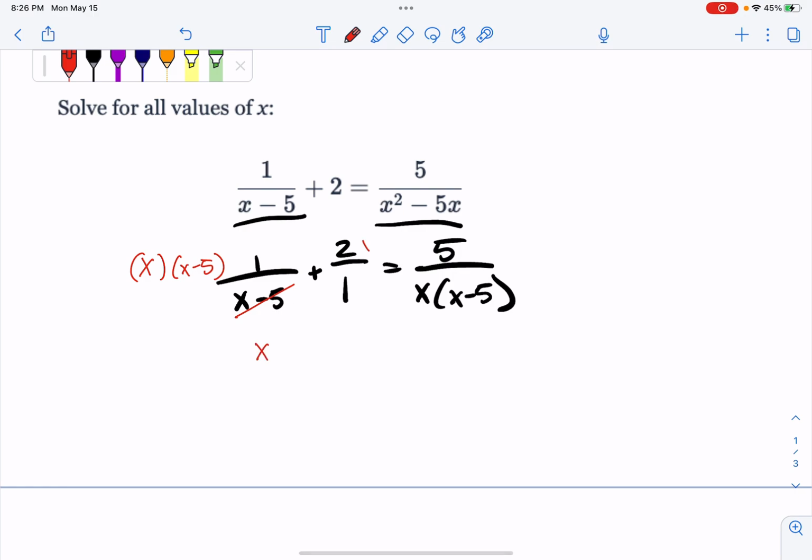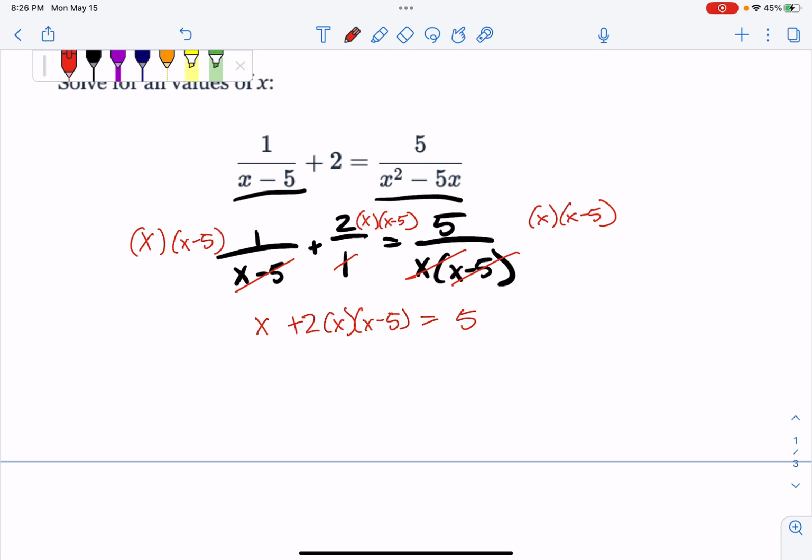On this one, when I multiply by x and x minus 5, I'm just left with both of those, so we now have 2 times x minus 5, because again, they're trying to cancel with the 1, nothing's canceling out, equals everything cancels out over here when I multiply by x and x minus 5, so we're left with just 5.